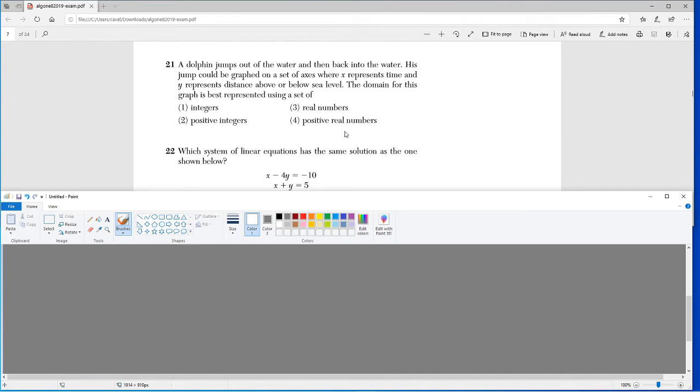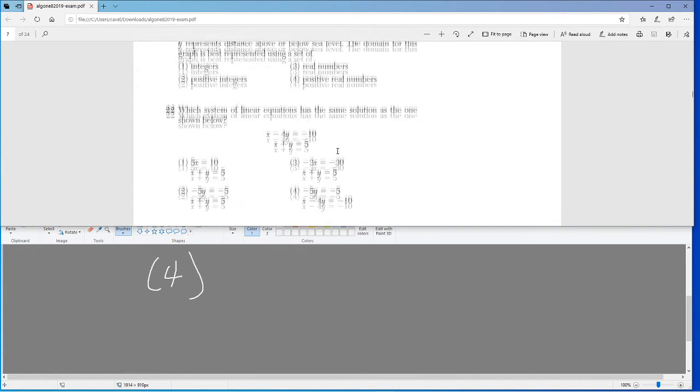I would definitely say it's positive real numbers, so choice 4, because time can have decimals, like half an hour, 30 minutes, 0.0007 minutes, etc. So the answer to 21 is 4, positive real numbers.